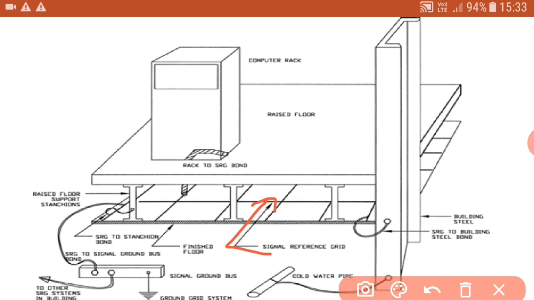And here also we can see bonding with building steel. Okay, signal reference ground to building steel bond. Here also we can see bonding with raised floor support junctions. Signal reference ground to junction bond. And here we can also see this CPU is connected with this signal reference ground and bonding is done.